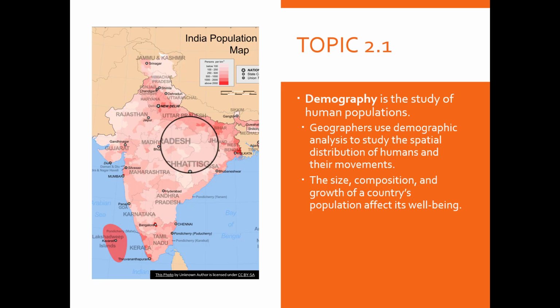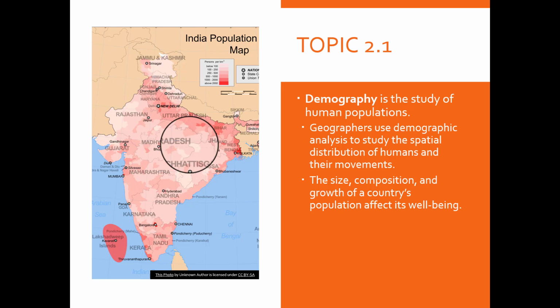The size and the composition and the growth of a country's population definitely affects its well-being. So depending on how big it is, how it's composed, and also how it is growing, in terms of whether it is an LDC or MDC, it depends on the well-being and the survival of that particular country.